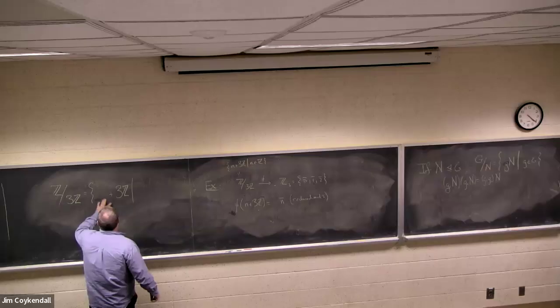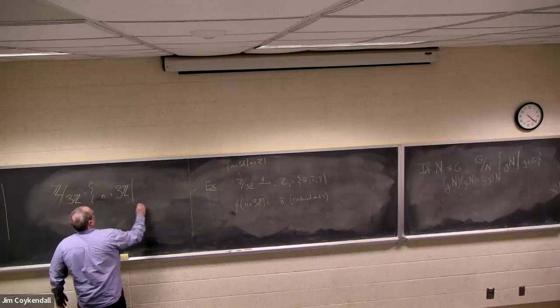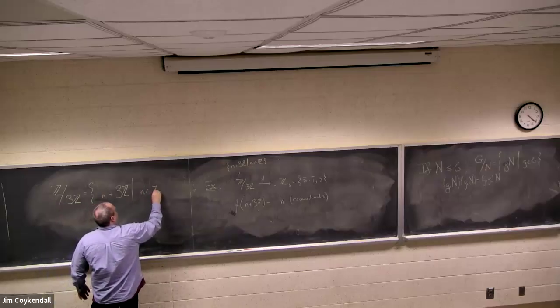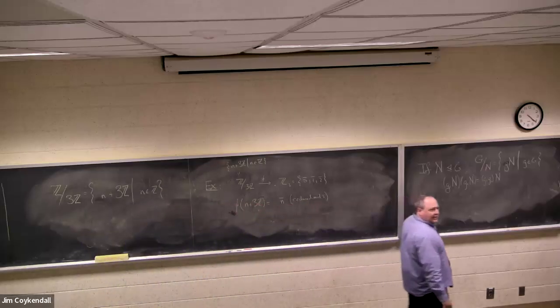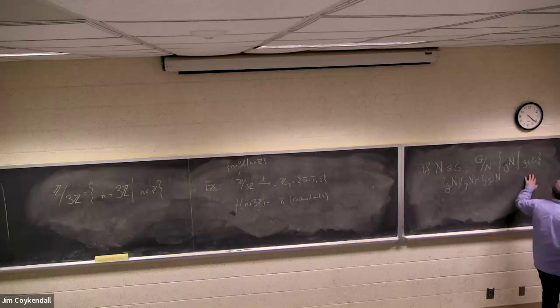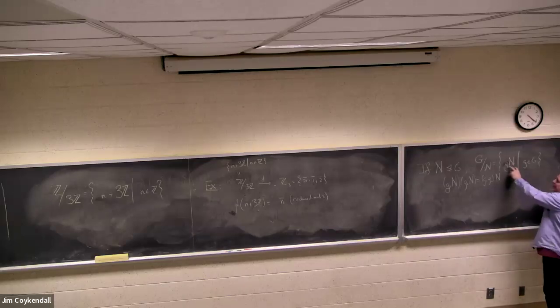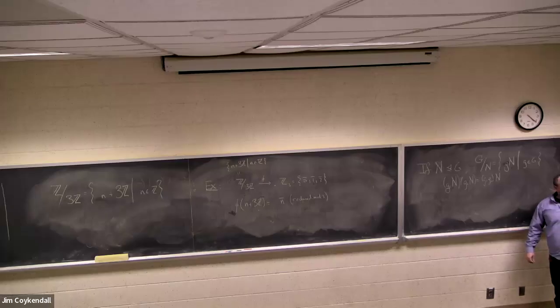And so in this case, it would be n plus 3Z where n is in Z. So if you look, that's the same translation here. Instead of gN, I have g plus N because the group is abelian. That's the standard way that it's written when you're abelian. So it's the same thing, it's just translated to the plus operation instead of writing the multiplication operation. Okay. So it makes sense.